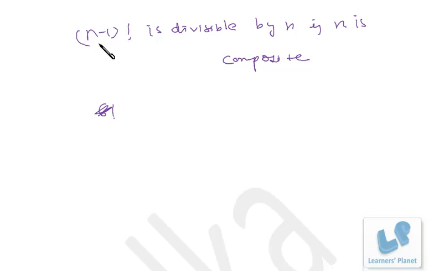Okay, n is 8, so 8 minus 1, 7 factorial is divisible by 8. Similarly, other values can also be taken. Now further, if I ask you one question: (n minus 1) factorial is divisible by n and n is less than 10, then how many values can n take?